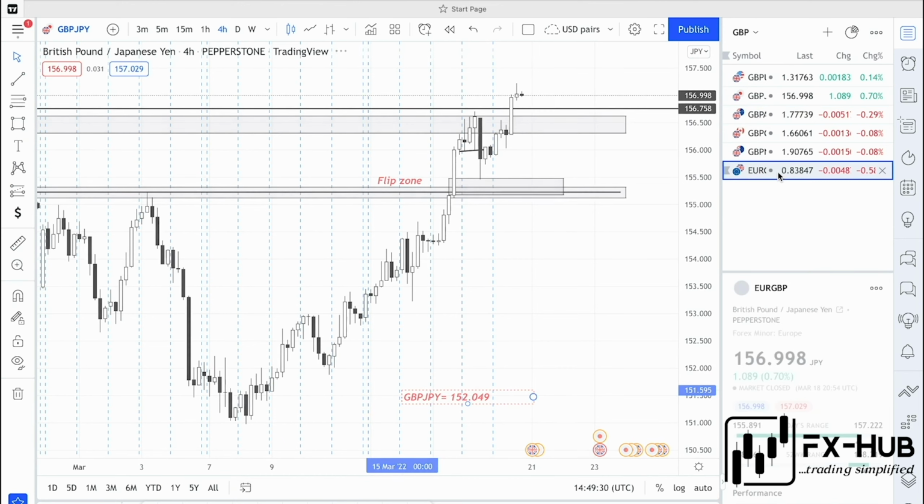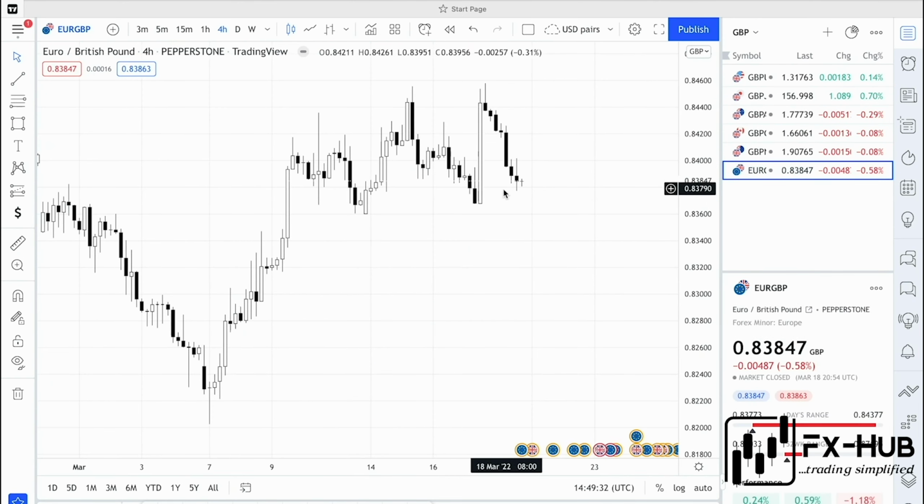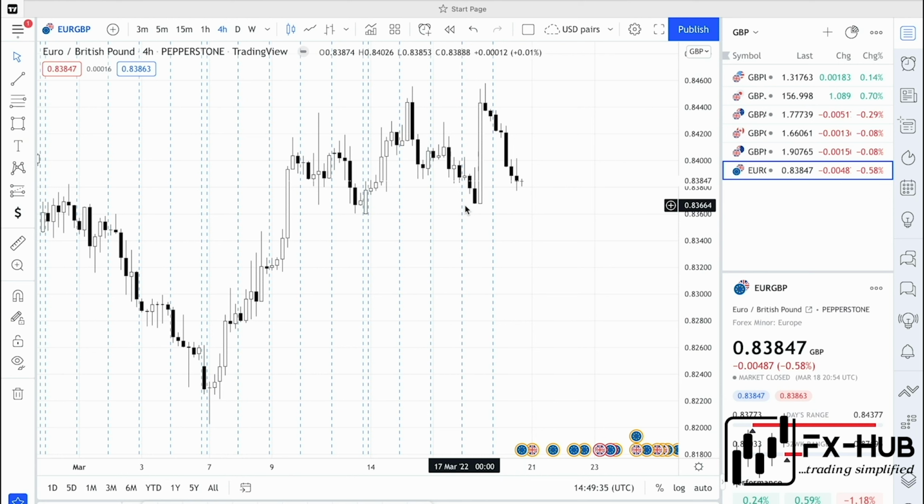So let's quickly jump to another pair again. We are currently on Euro GBP, Euro pounds. If I place my cursor on this price here, it means as at 8th of March 2022, to get €1, you need 0.82967 pounds.